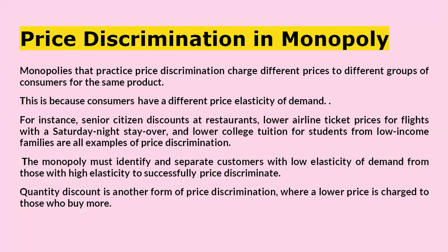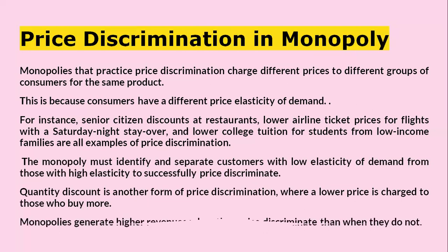Quantity discount is another form of price discrimination where a lower price is charged to those who buy more. Monopolies generate higher revenues when they price discriminate than when they do not.